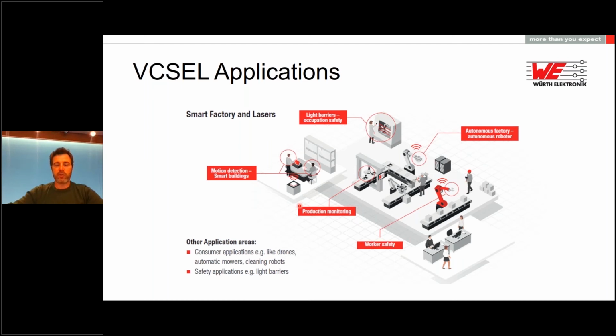And of course worker safety systems, where the autonomous devices can see the ambient around them and interact in a very fast way. When there are obstacles, they can also perform tasks in a faster and more accurate way, and also benefit from this application.